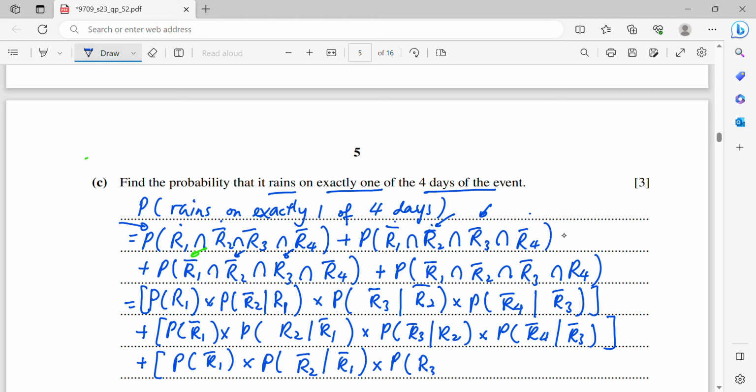Means that rain on third day, but now not rain on previous day. And the last one is not rain on fourth day, but rain on previous day. So rain on previous day, not rain on the fourth day.